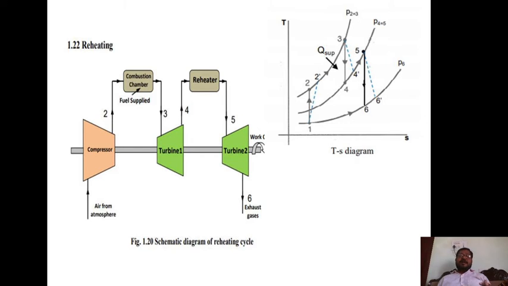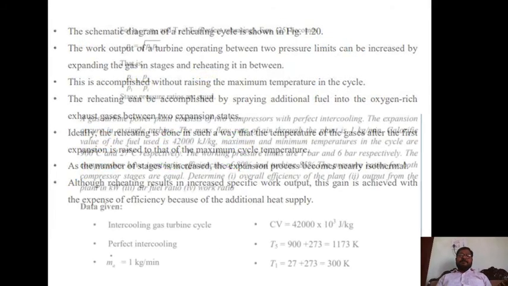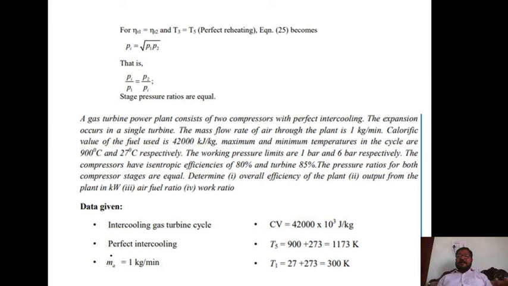All these things you must know while solving the problems. One thing I will tell you: without knowing the derivation, the notations, the proper units, and the conversion of units, it is very difficult to solve the problems of these gas turbine cycles.